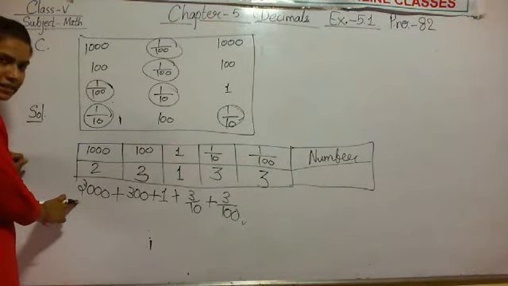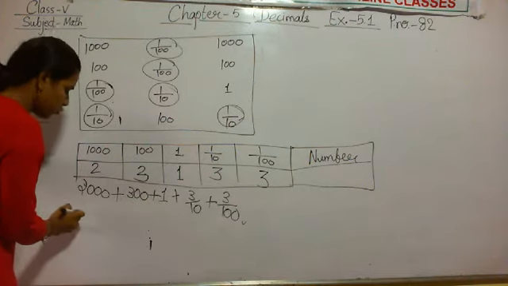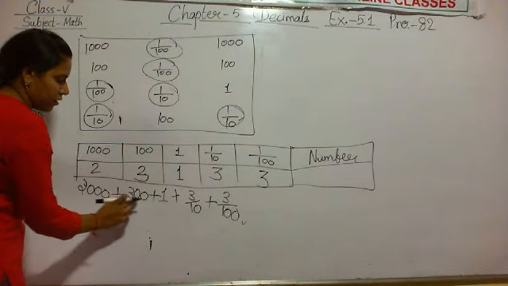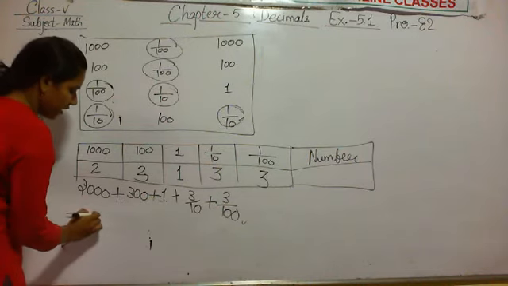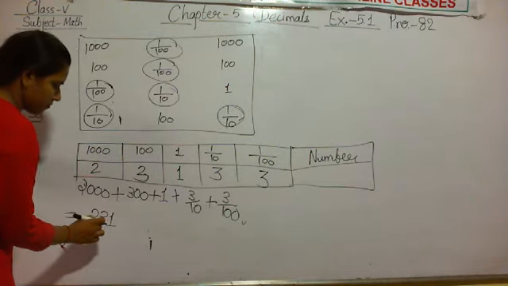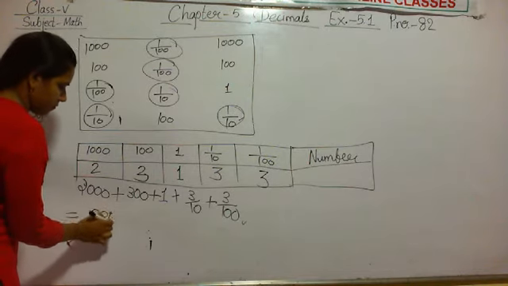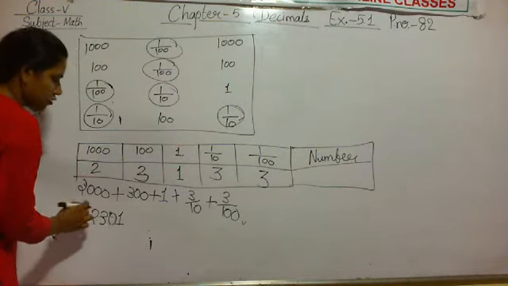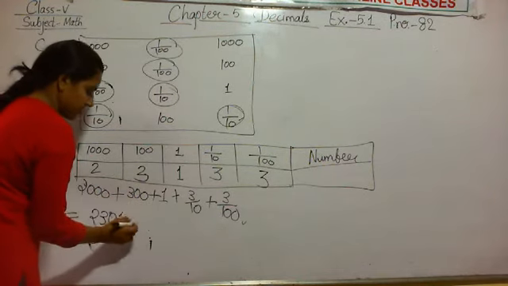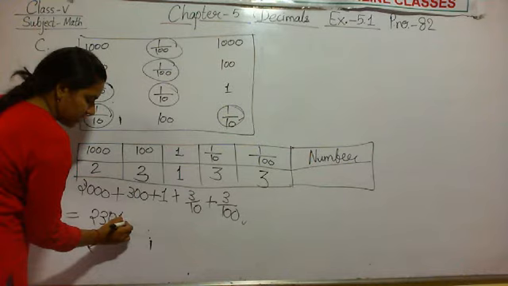Now we can easily convert these numbers into short form. 2301. These are whole numbers, so we can add them together. So 2301. Now 3 is at the 10th place, so I need to put a decimal here.